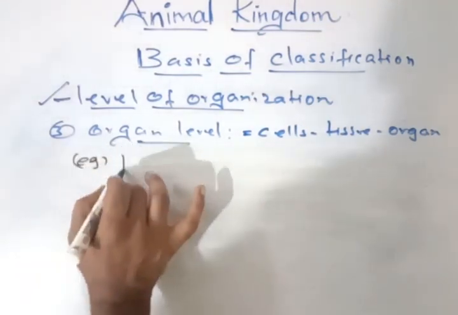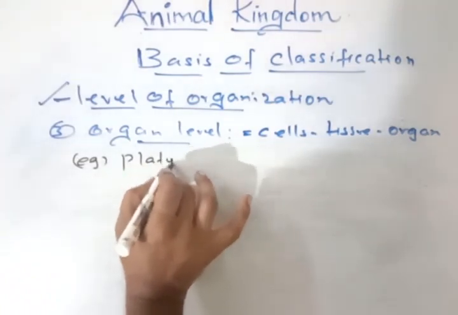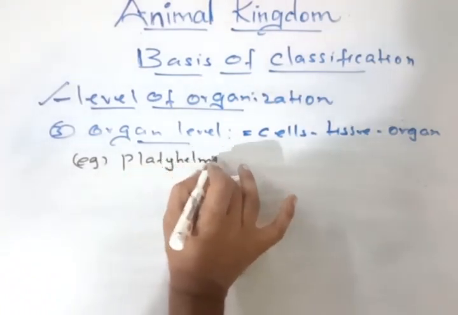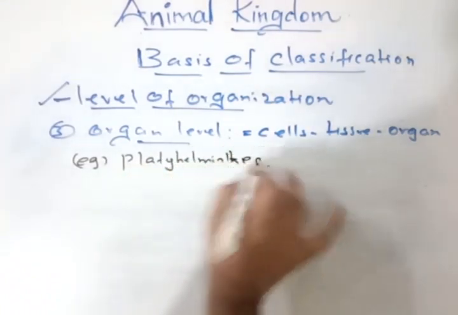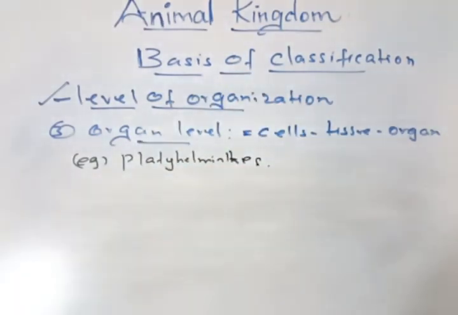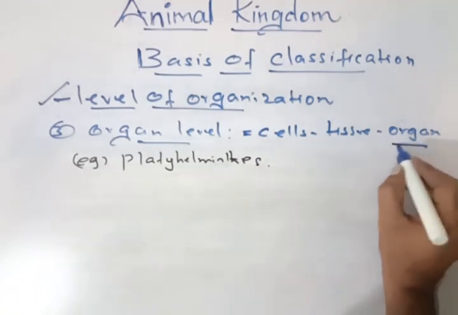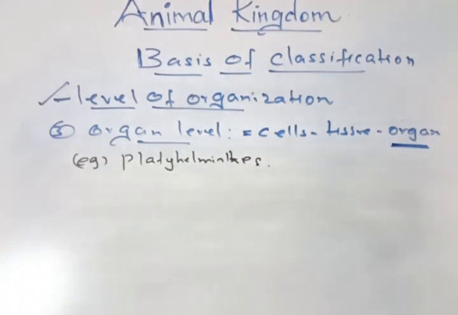Platyhelminthes and some higher phyla, all this. Here different tissues will be grouped to form an organ, and this organ is going to do a specific function. That is what organ level means.